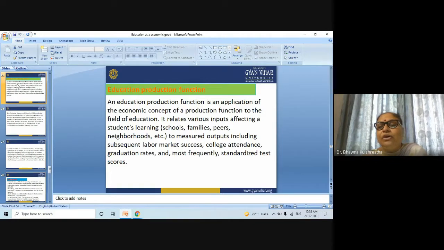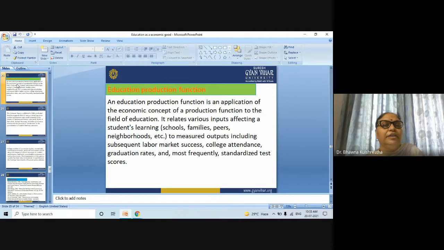The original study that naturally promoted interest in the idea of education production functions was by a sociologist, James C. Coleman.